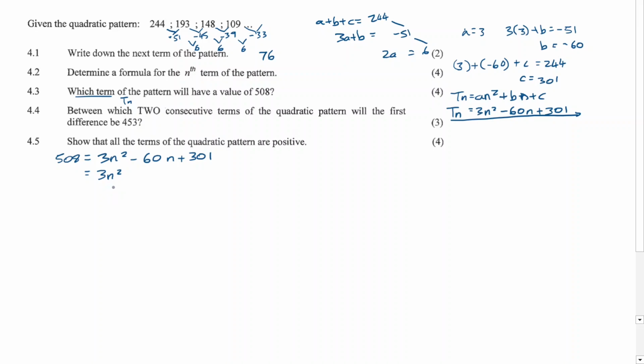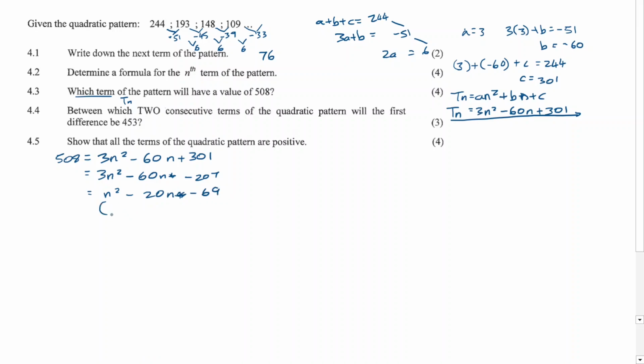And we end up with 3n squared minus 60n minus 207. Then if you can factorize that, that's incredible. You can use your quadratic formula from here. You could try and divide by 3, and if you do that, you actually find that it ends up being quite a nice answer.